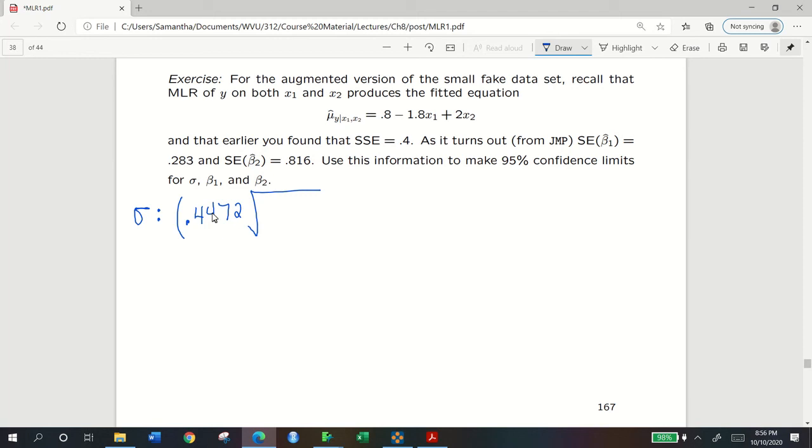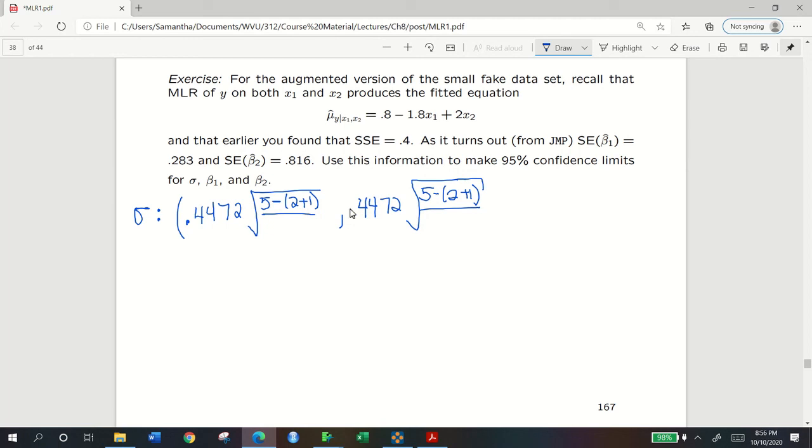And if I recall, our sample size was 5. We had 2 predictors, so that would be minus the quantity of 2 plus 1. And we'll need to calculate our critical values in a moment. Copy this over, so this becomes, again, 0.4472 multiplied by the square root of 5 minus the quantity of 2 plus 1.